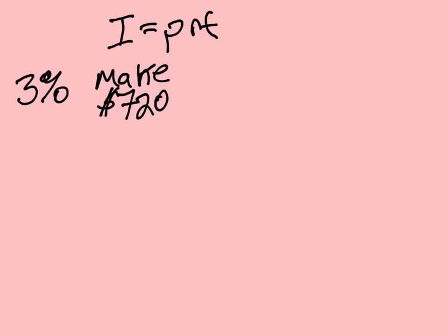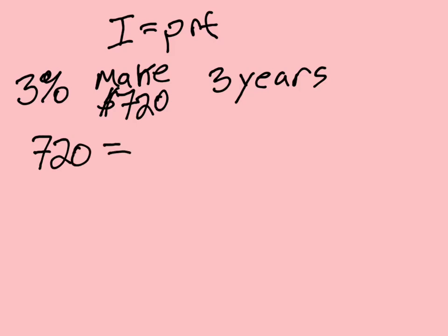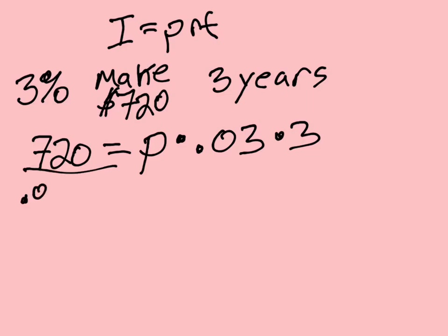And I need to make that in, let's say, 3 years. How much principal do I need to put in? Well, that's $720 for the interest. Principal, I don't know, so I'm going to leave that as P times 0.03 times 3 years. I'm going to divide by 0.03 times 3. And remember, that's in parentheses underneath there.